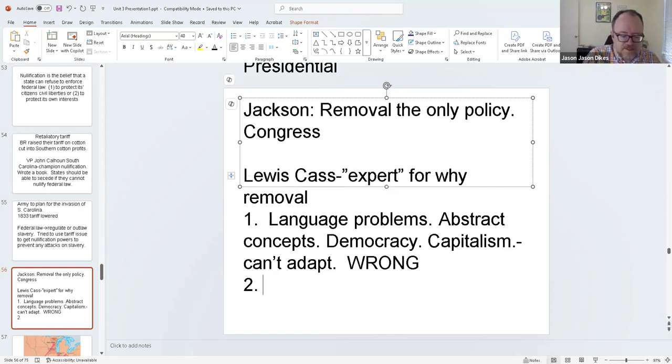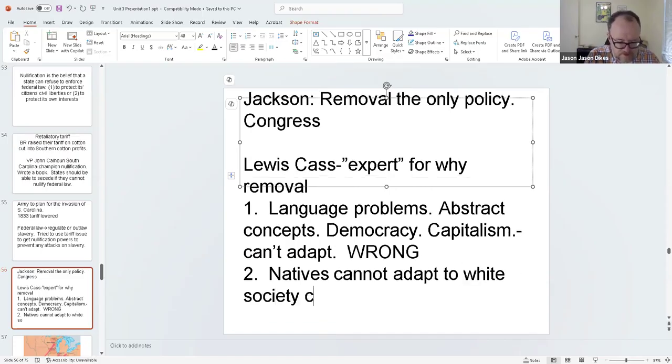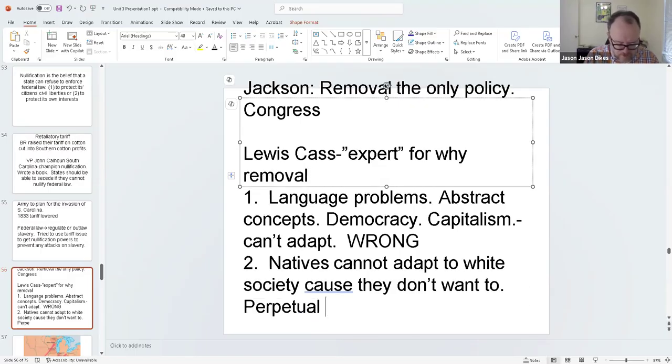Second, he says the natives cannot adapt to white society because they don't want to. Right? That they live in a perpetual hunter state. So the idea of settling down on a farm and raising crops and going to school and going to church, they just don't want to do that. And wrong.